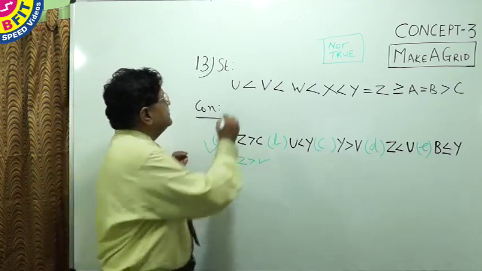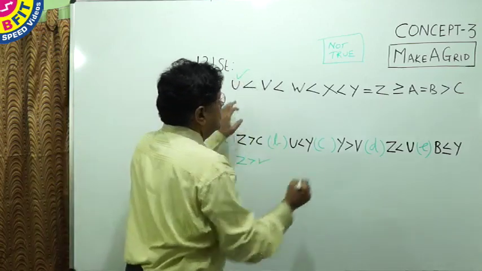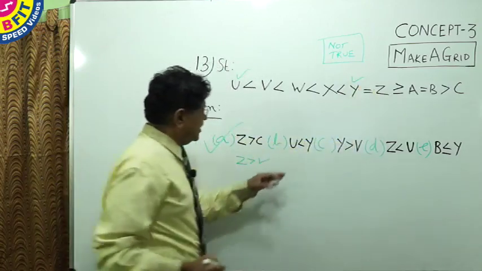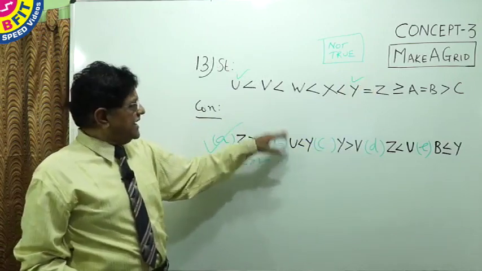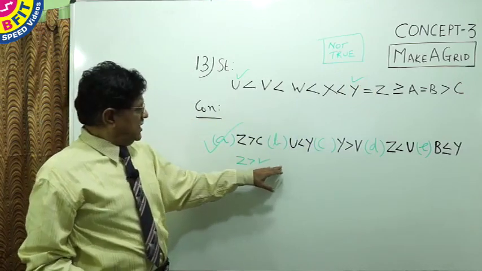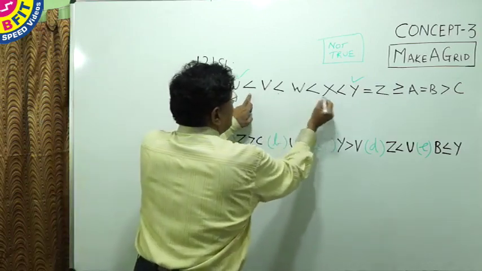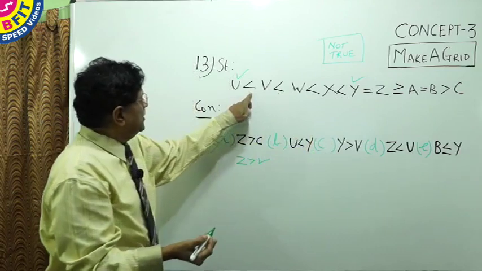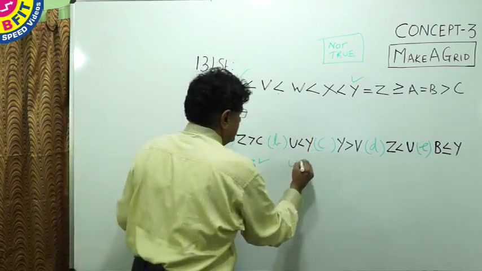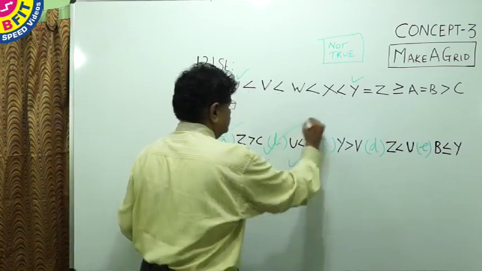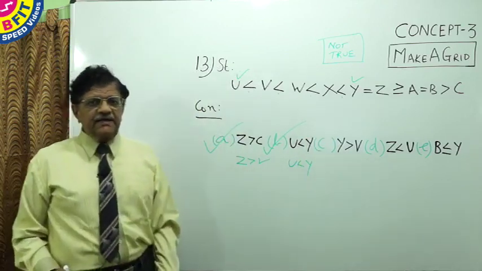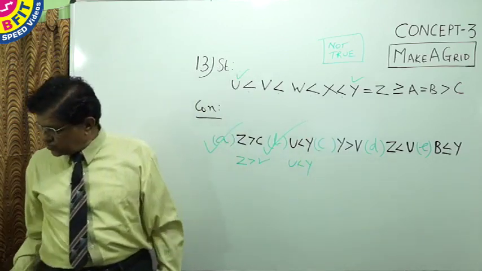U and Y. Where is U? U is here, Y is here. So the conclusion is aligned with the statement. Now we have to verify the symbols. Less than, less than, less than, less than. Therefore, U less than Y is also true. So the second conclusion is also true.